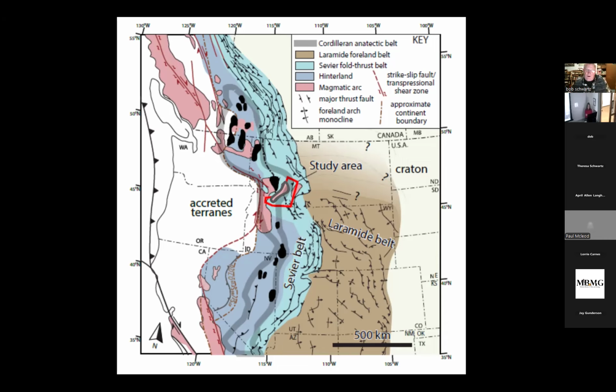Okay, so in addition to that, the Cordilleran Anatectic belt contains, indicated in black, metamorphic core complexes. This is the Anaconda Flint Creek Range complex. In the literature, it's referred to as the Anaconda core complex, metamorphic core complex.